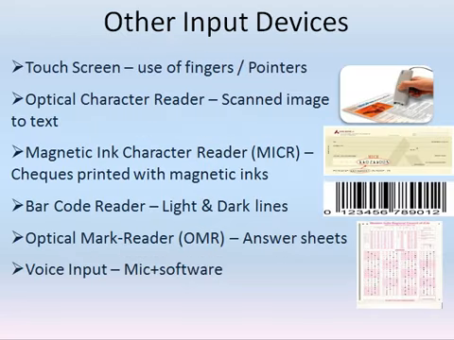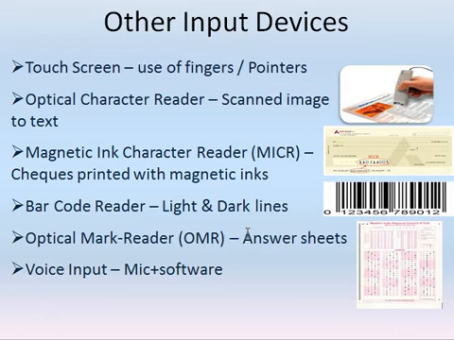We have some other input devices also. Example, a touch screen, optical character reader which reads a scanned image and converts it into text. Then we have magnetic ink character reader. It is the MICR code which is written on our bank checks that is read by this device.